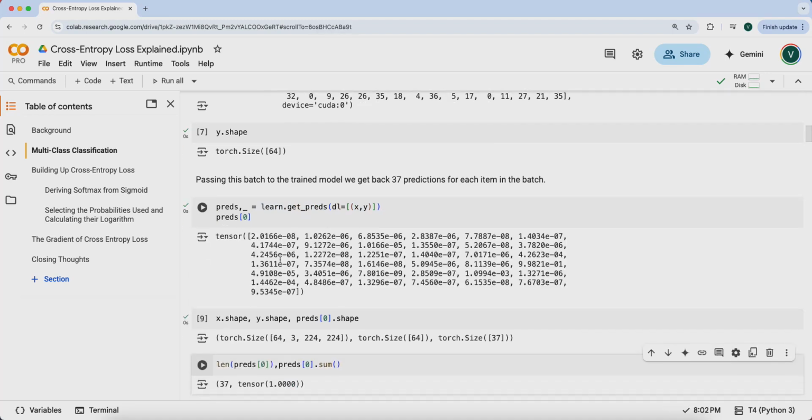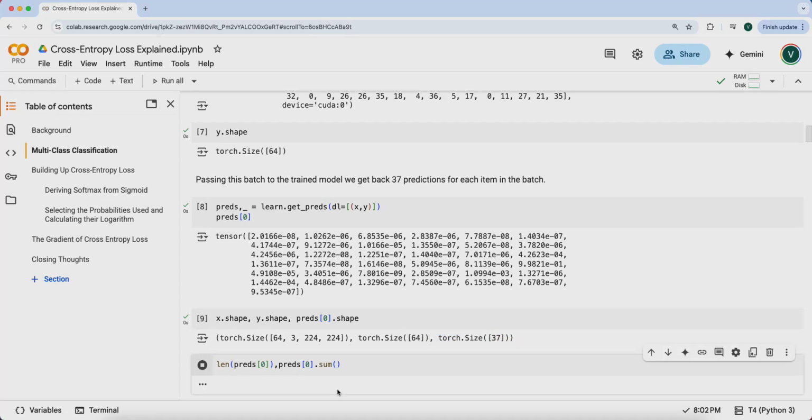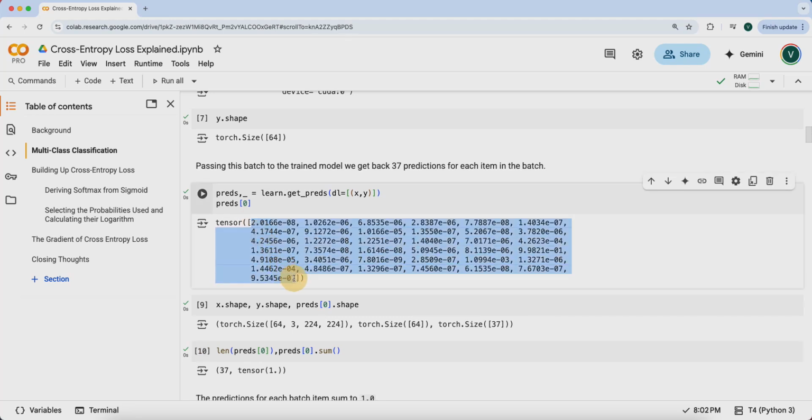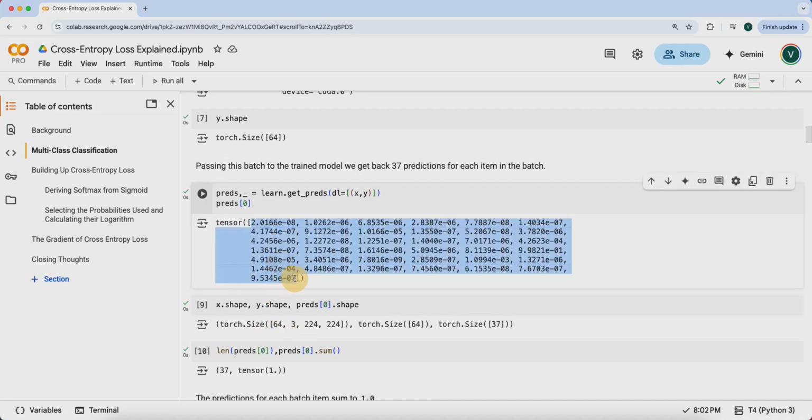then I get back a bunch of values, and specifically I get back 37 values. And if I take the sum of these 37 values, it equals 1.0. So what that tells me is that these values are probabilities that the first item of the input batch of 64 items is one of these classes.